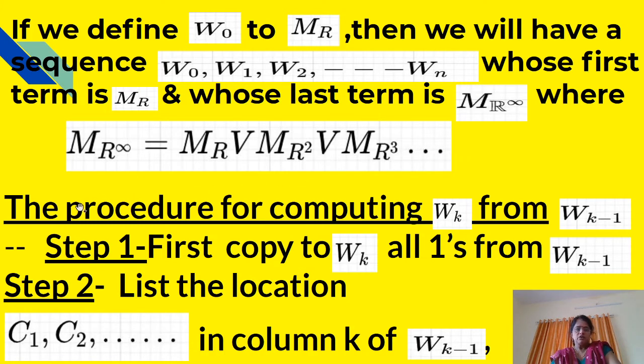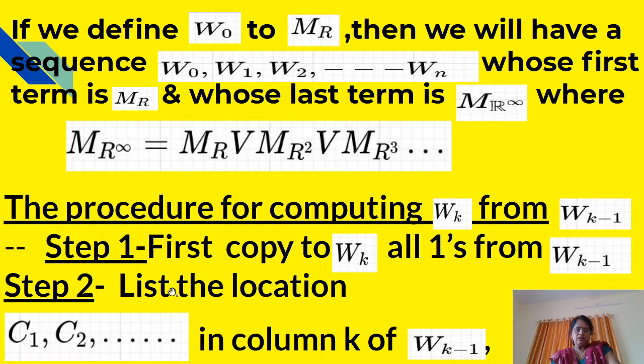Now we will see the procedure for computing Wk from Wk minus 1. Step 1: first copy to Wk all ones from Wk minus 1.